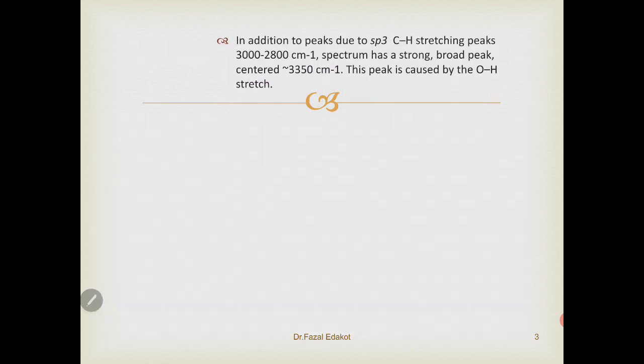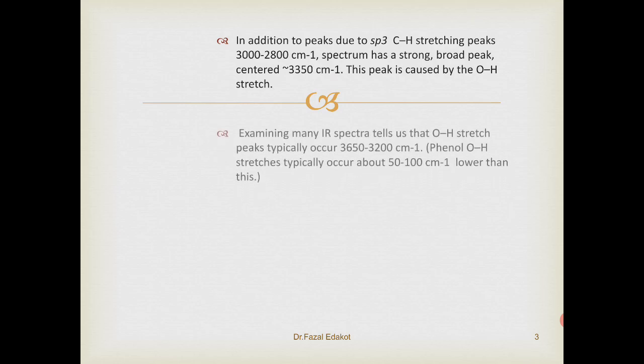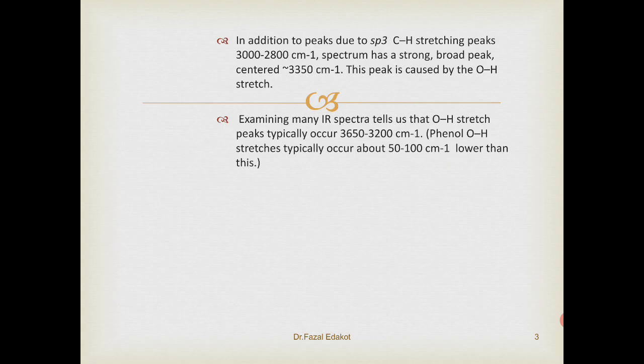So if you recollect all, in addition to the sp3 CH stretching peak at 3000 to 2800 per centimeter, the spectrum has a strong broad peak centered at 3350 per centimeter. This peak is caused by the OH stretch. Examining many IR spectra tells us that OH stretch peaks typically come somewhere between 3650 to 3200 per centimeter.